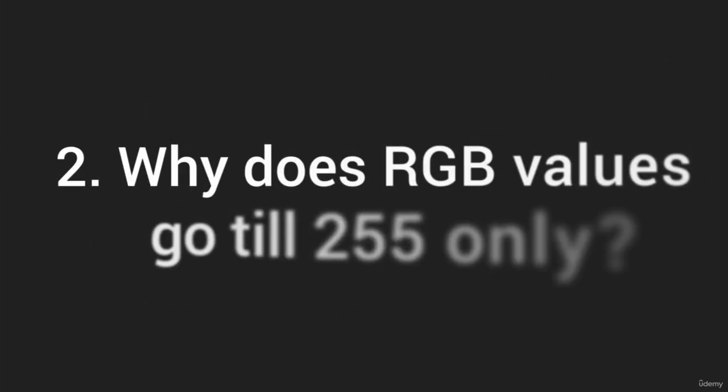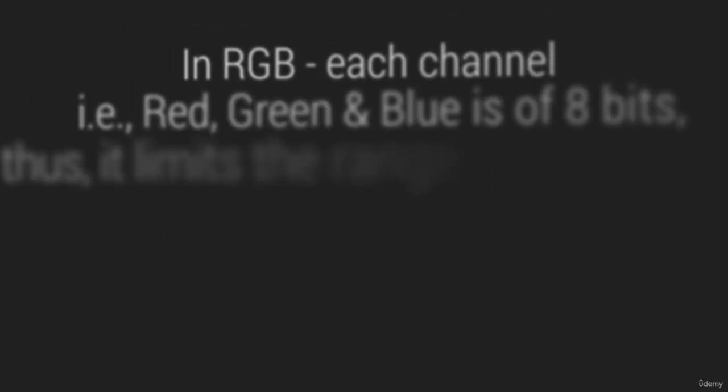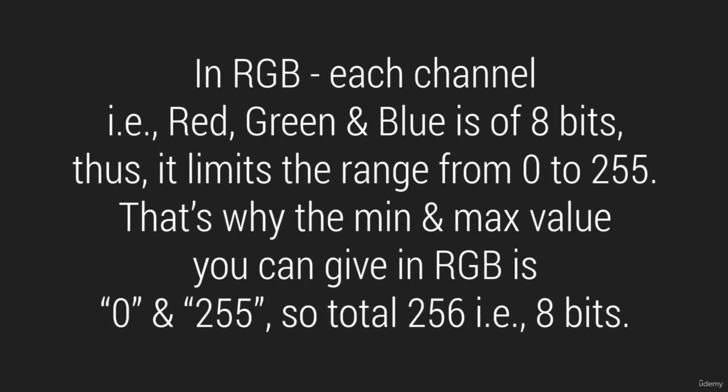The next question, why does RGB values go till 255 only? So as discussed, in RGB, each channel, that is red, green and blue, is of 8 bits. Thus it limits the range of 0 to 255. That's why the minimum and maximum value you can give in RGB is 0 and 255. So total is 256. That is 8 bits.